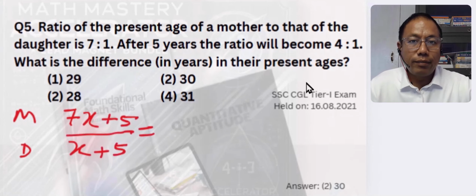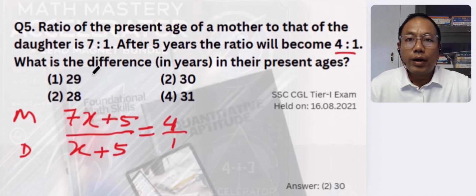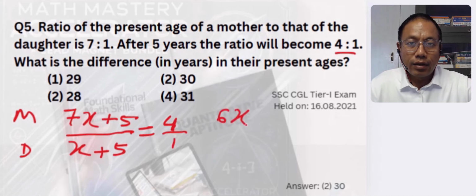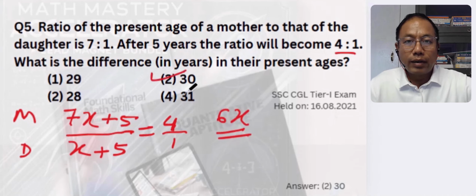The ratio becomes 4:1. What is the difference in their present age? Difference is 7x minus x, that is 6x. Which of the given options is divisible by 6? Only option 2 is divisible by 6. Therefore, option 2 is the right answer.